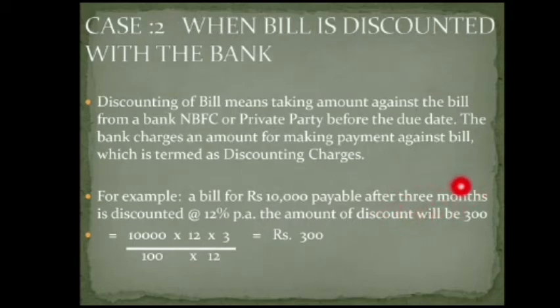It is a 3 months bill, so 3 divided by 12. Calculating this, you will get rupees 300. That is the discount or the discounting charges which the bank charges the drawer. The drawer will get the amount of the bill short by rupees 300.